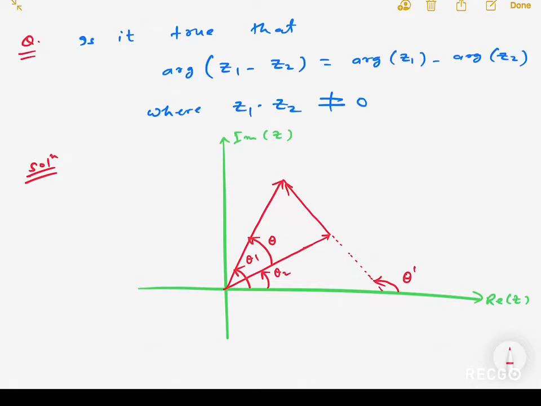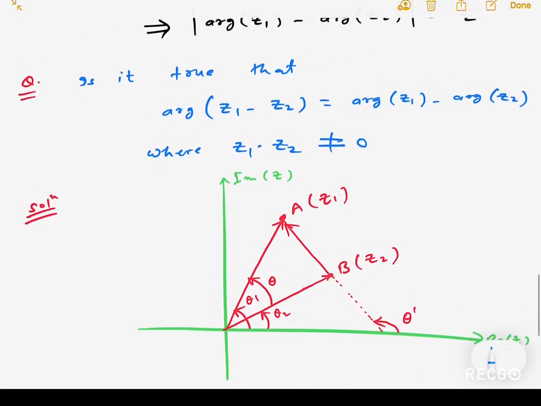Let's say this point is A with affix z1, and this point is B with affix z2. So argument of z1 minus z2 is nothing but the angle that the BA vector is making with the real axis, that is theta dash.